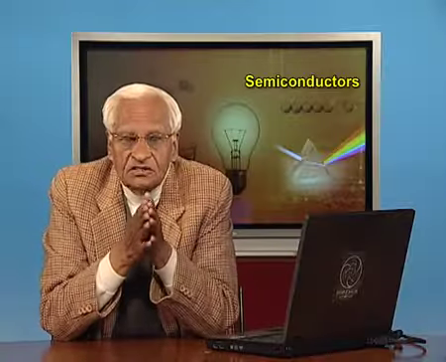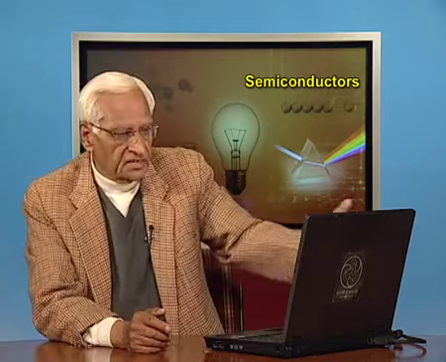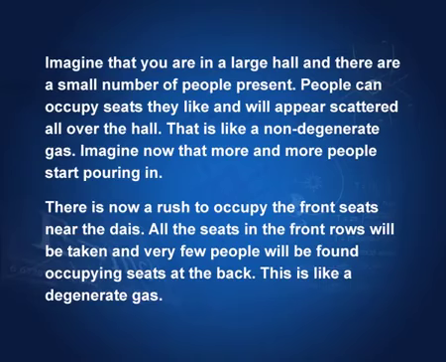To explain the concept of this degeneracy, let us look at this example. Suppose you are in a hall and there are only few people, then you can occupy any seat that you like, as here you can occupy any seat. Now, suppose more and more people keep pouring inside the hall, then what happens?